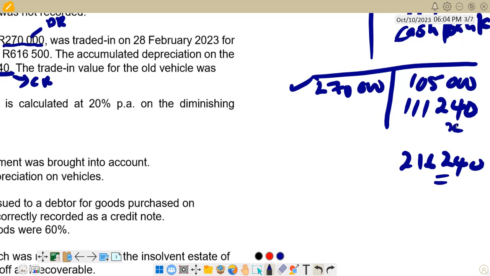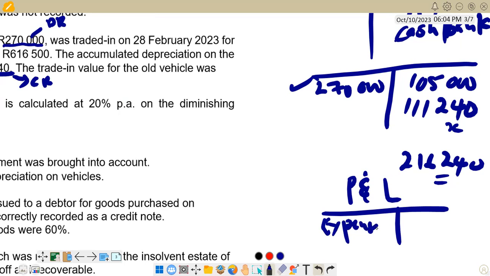When it's coming here, it means we are crediting the disposal account, and then the next entry, in terms of double entry, is that we are going to debit the profit and loss account. Remember, on the profit and loss account we have expenses on the debit and income on the credit.